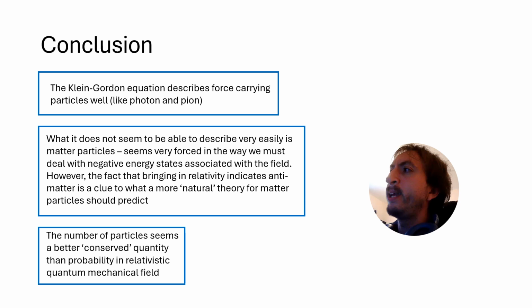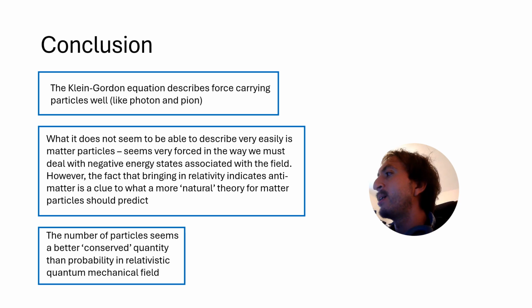Perhaps this field, this Klein Gordon field, can't be interpreted with the same probabilistic ideas we use to talk about Schrodinger's wave function. And indeed, we saw that our field seemed to be describing force-carrying particles.